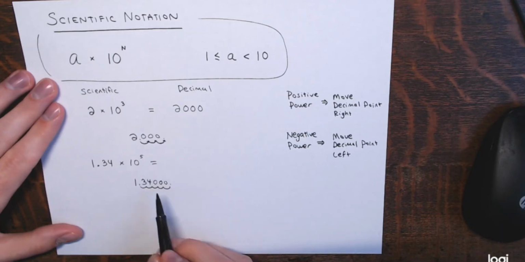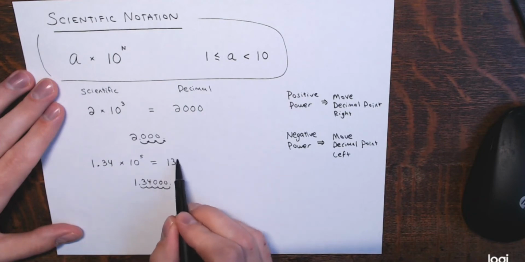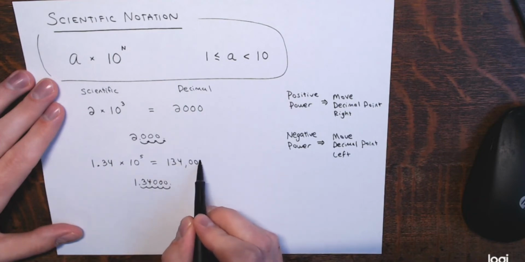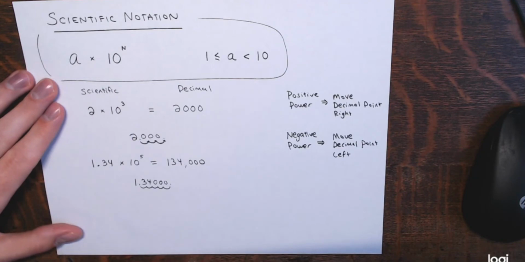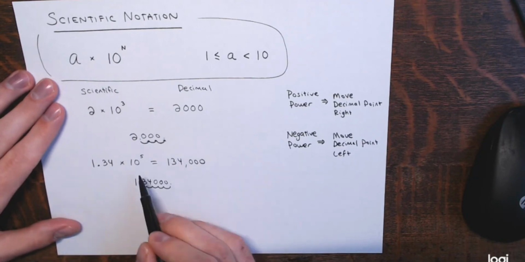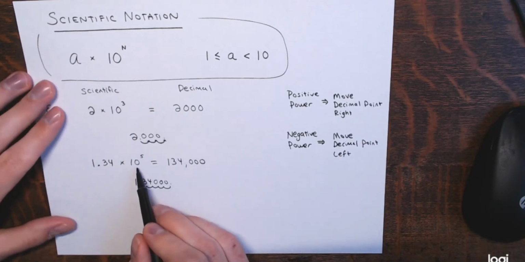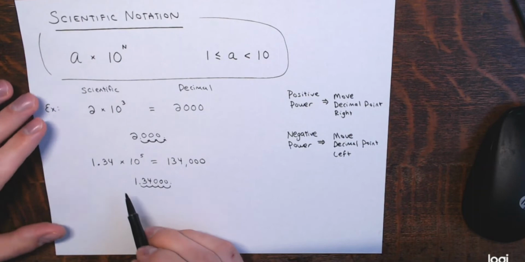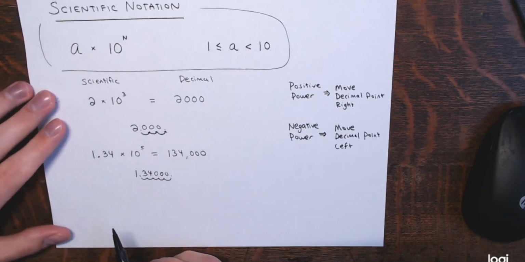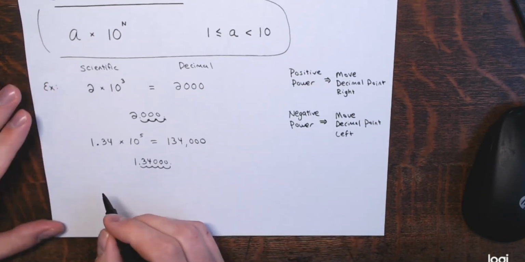So it's 134,000. 1.34 times 10 to the 5th. 10 to the 5th is 100,000, a 1 with 5 zeros after it. So it's 134,000.